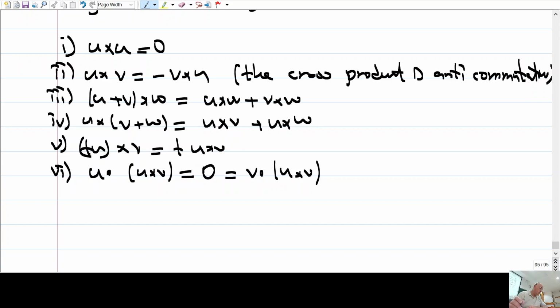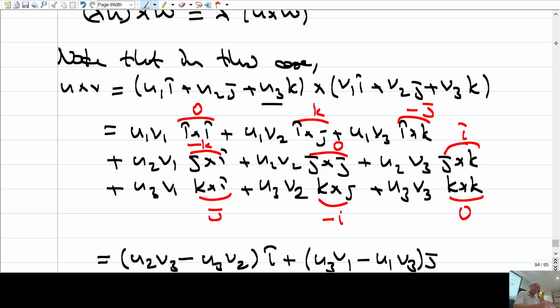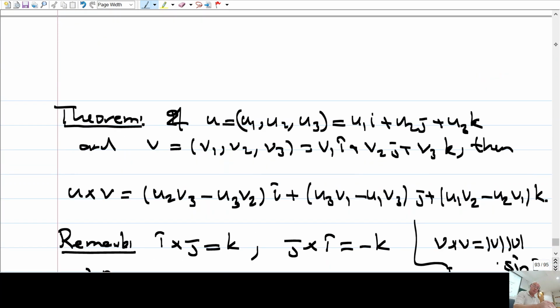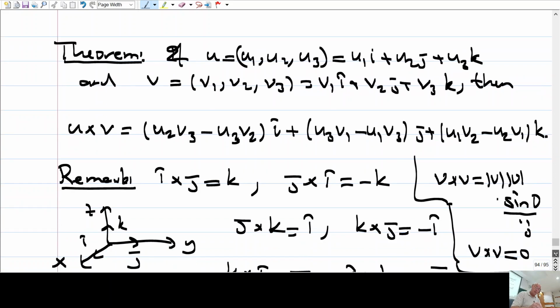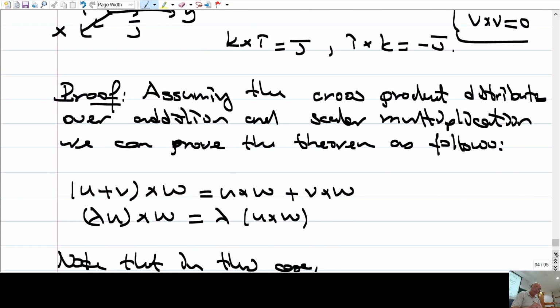I mean, we already actually assumed these, but you can write these down using the component-wise definition of cross product, right? If you just use the actual formula, you can see that it is really the case.